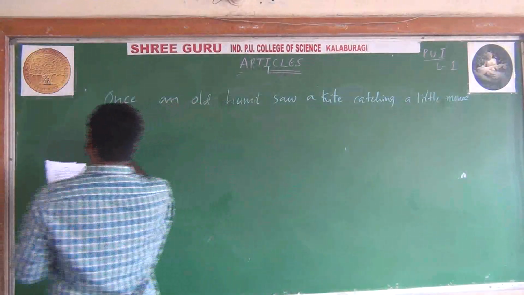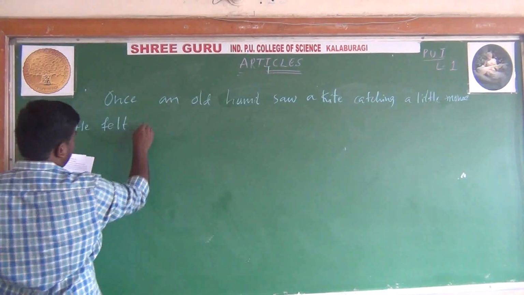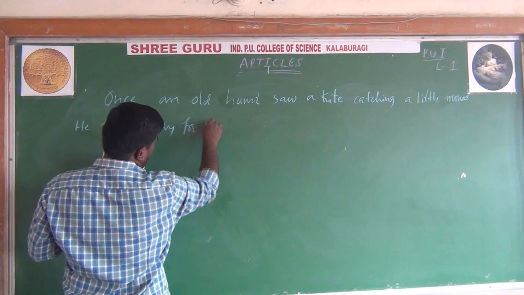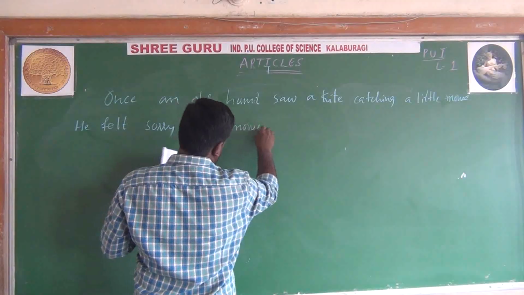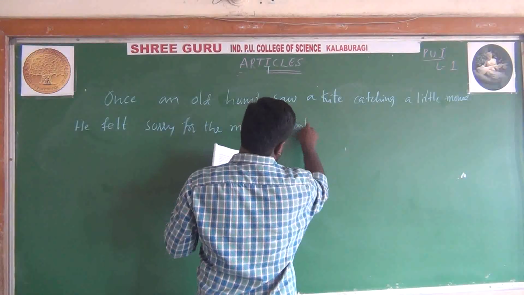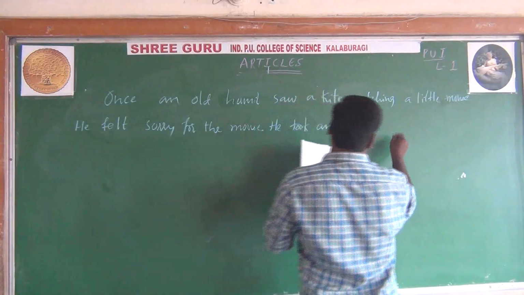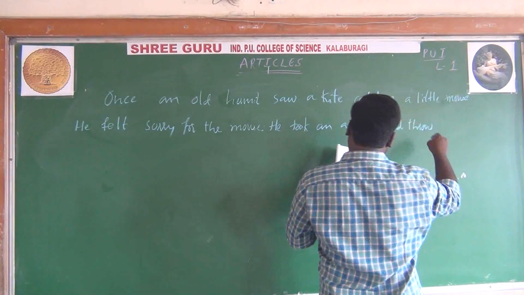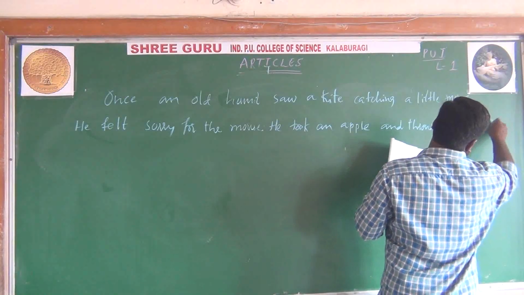He felt sorry for the mouse. He took an apple and threw it at the kite.